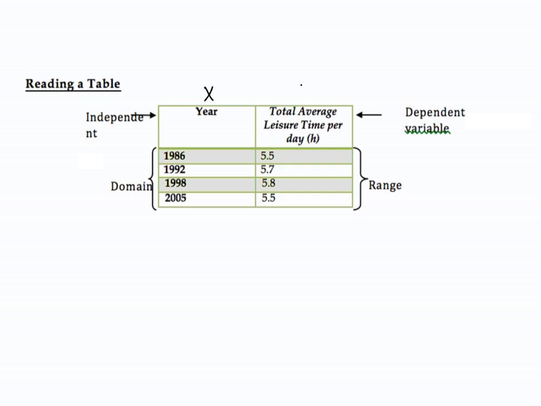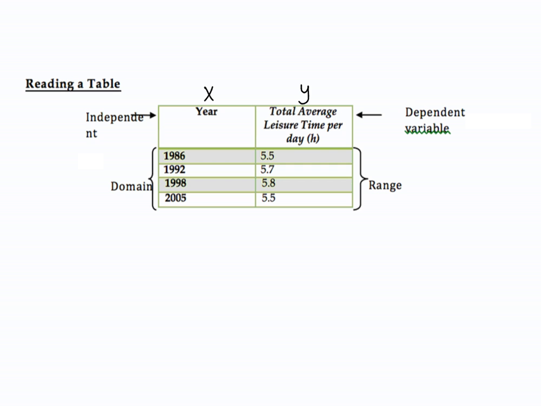All right, so reading a table. Just to review, x is always first, then y, because x is your input, y is your output. X is the independent, y is the dependent. We are going to spend 2 days on this word and this word. Domain and range.